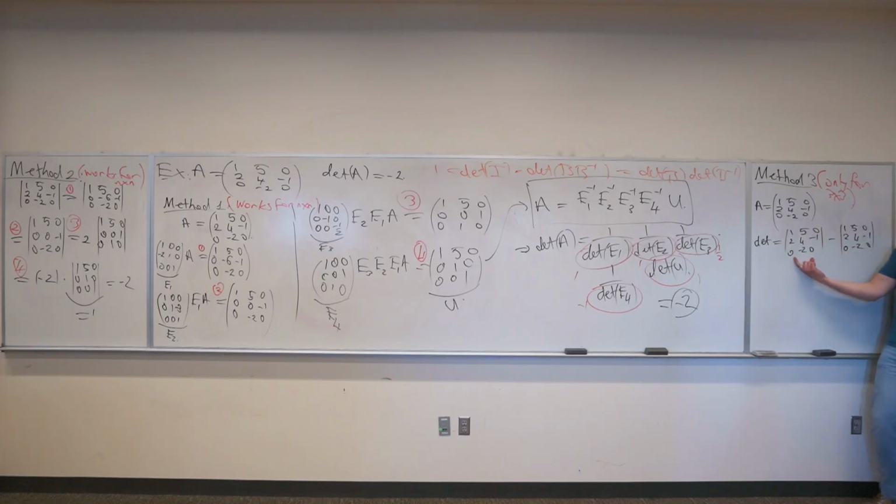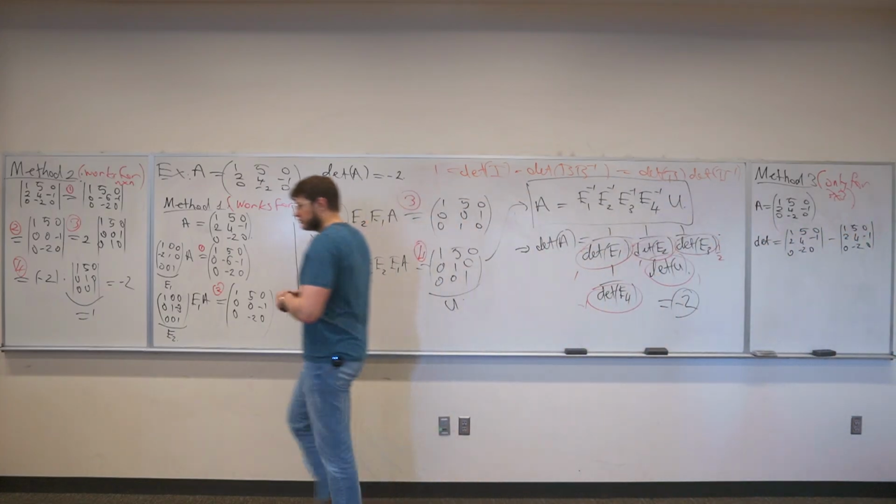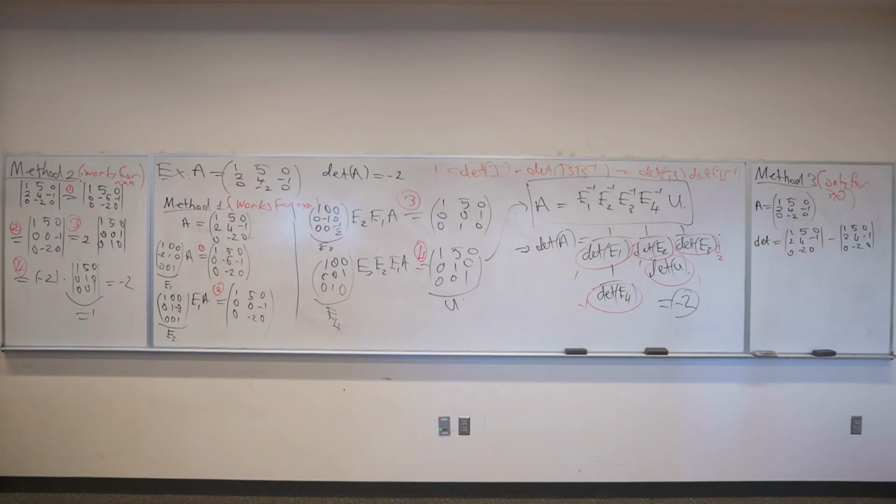So, for this part, I'm going to choose certain triples of entries and multiply them together. These are always going to contribute positive, and these are always going to contribute negative, and that's why there's a minus. And you start drawing triangles this time.